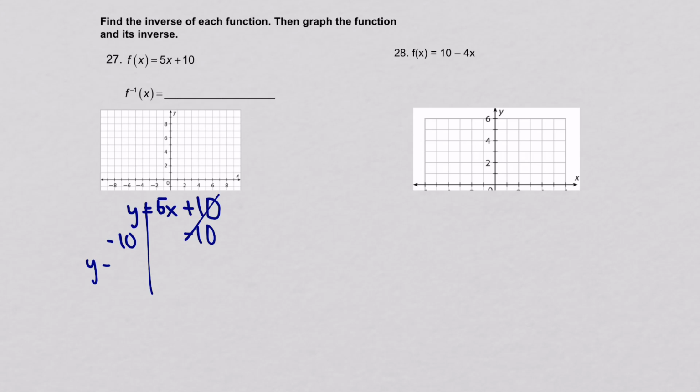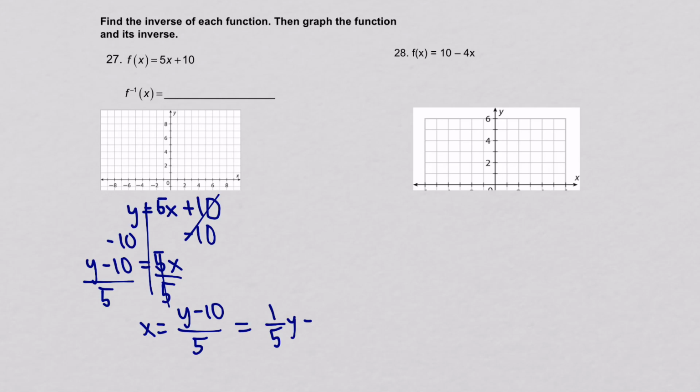And I get y minus 10 is equal to 5x. And I'm going to divide by 5. And I get x equals y minus 10 all over 5, which is the same thing as 1 over 5 y minus 2. 10 over 5 is 2, right? Either way that you write it is correct.